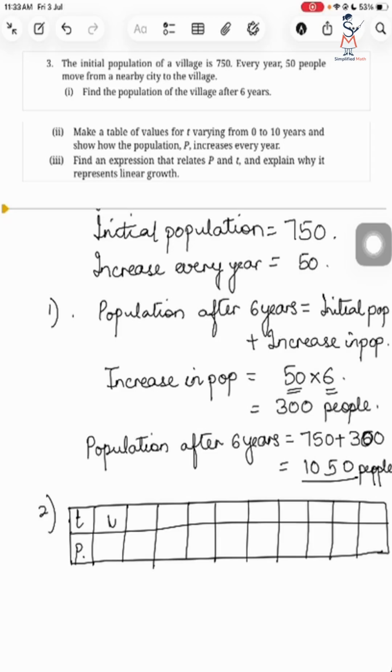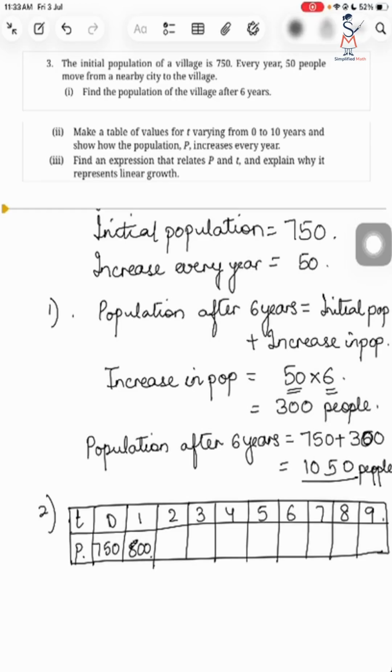So now what we will see, T is starting from 0, 1, 2, 3, 4, 5, 6, 7, 8, 9. At 0, the population was 750. And every year the population increases by 50 people. Right? Now this will become 750 plus 50 becomes 800.